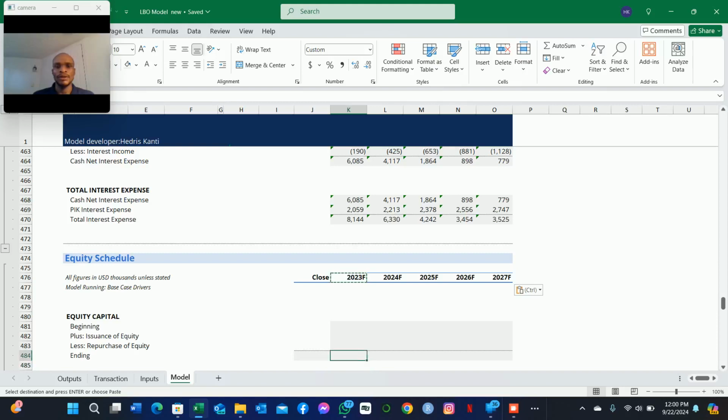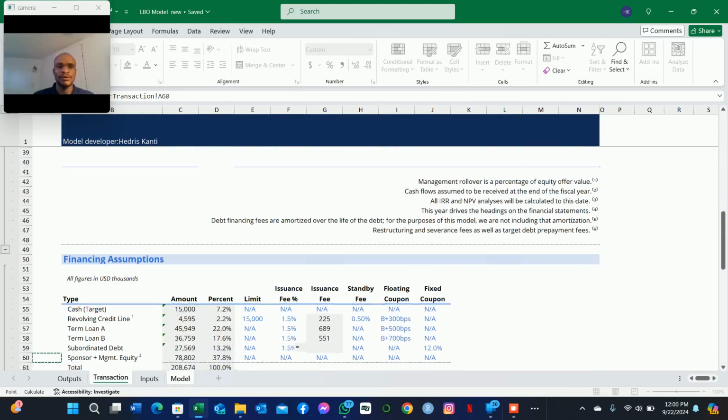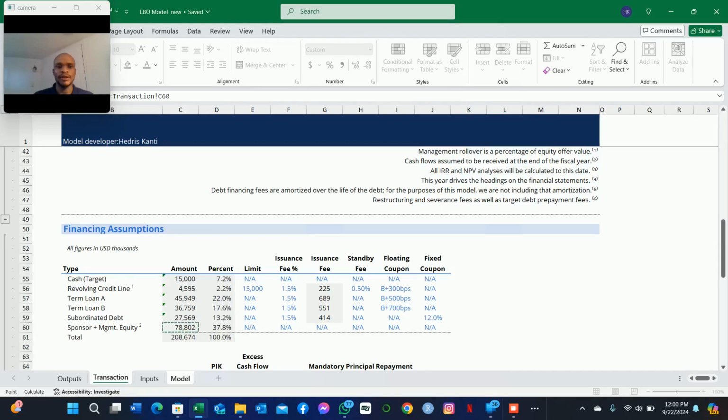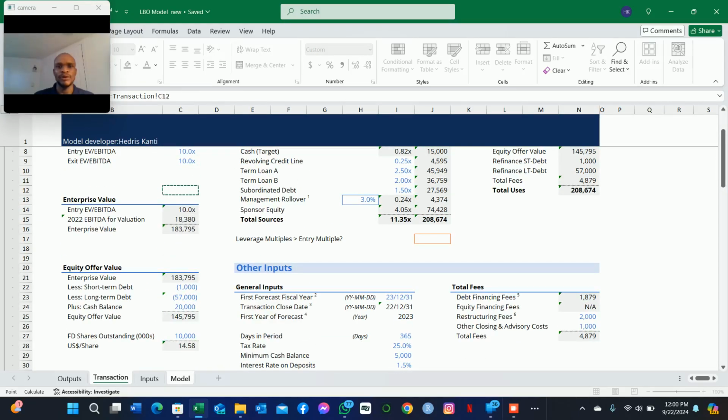The equity at the beginning of the transaction, we'll have to reference that amount. We know fully well that the sponsor and the management equity was roughly $78 million. So we have to reference whatever the sponsor equity was at this point in time.